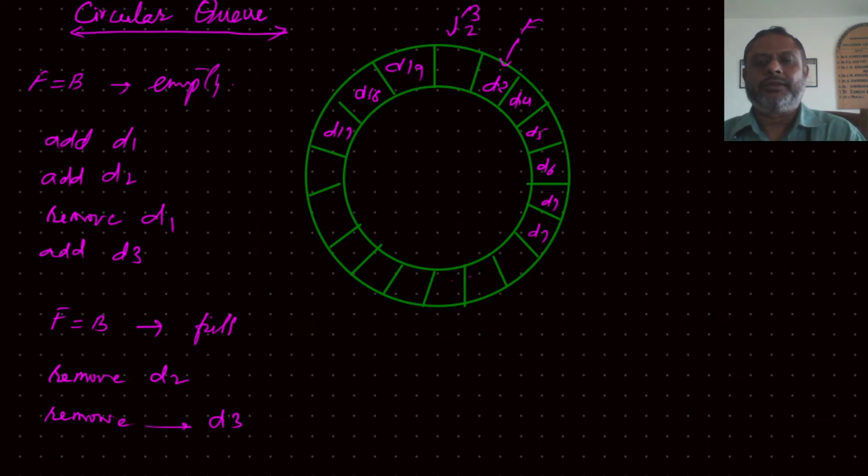So the front and back indices keep rotating this way, and as long as the back is behind F, there is space to write.